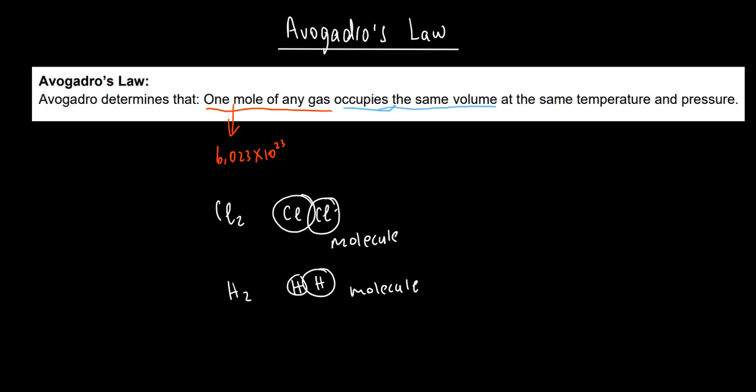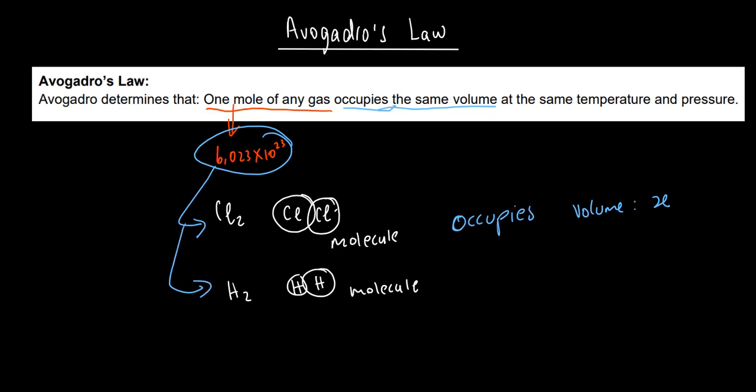which means 6,023 times 10 to the power 23 of chlorine occupies volume V. Let's say that volume is X. It means 6,023 times 10 to the power 23 of hydrogen molecules are also going to occupy volume X. The same volume.